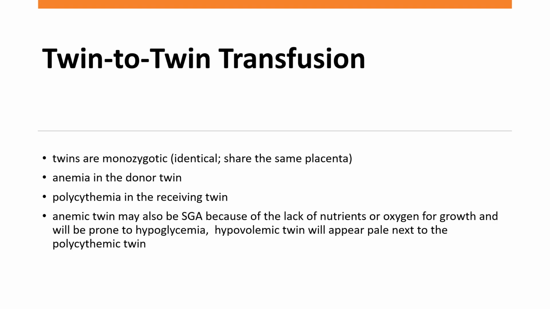The anemic twin may also be SGA because of the lack of nutrients or oxygen for growth. This same SGA twin will be prone to hypoglycemia from lack of glucose stores. The hypovolemic twin will appear pale next to the polycythemic twin. The polycythemic twin is prone to hyperbilirubinemia as the excessive red blood cell level is broken down.